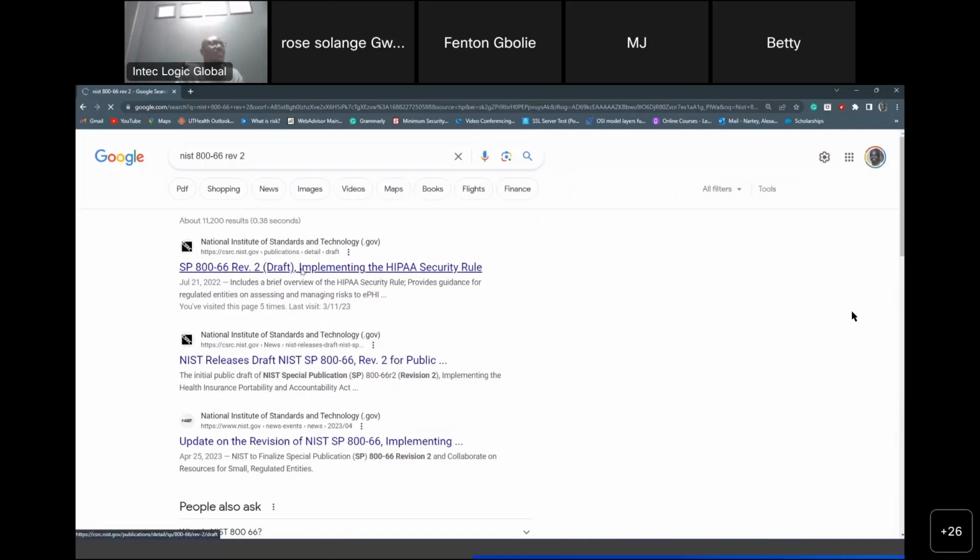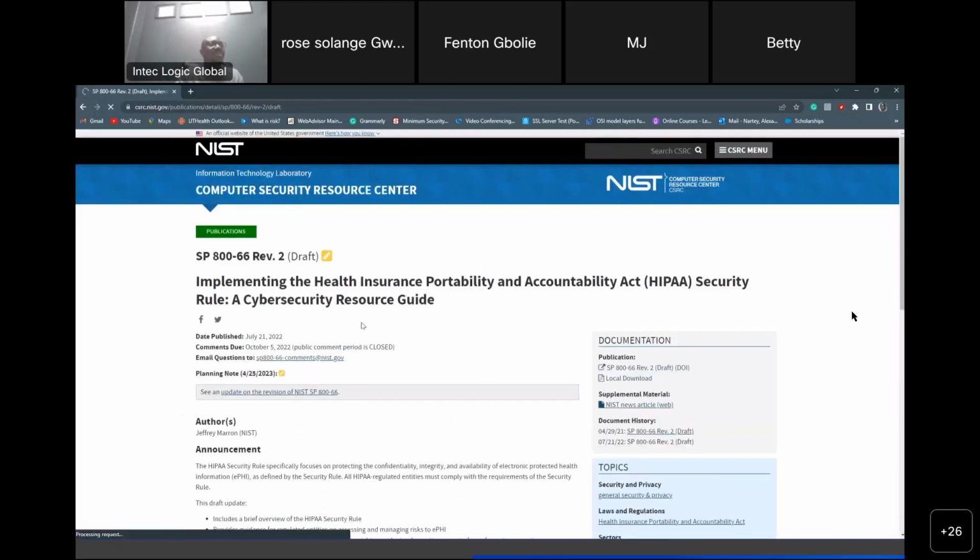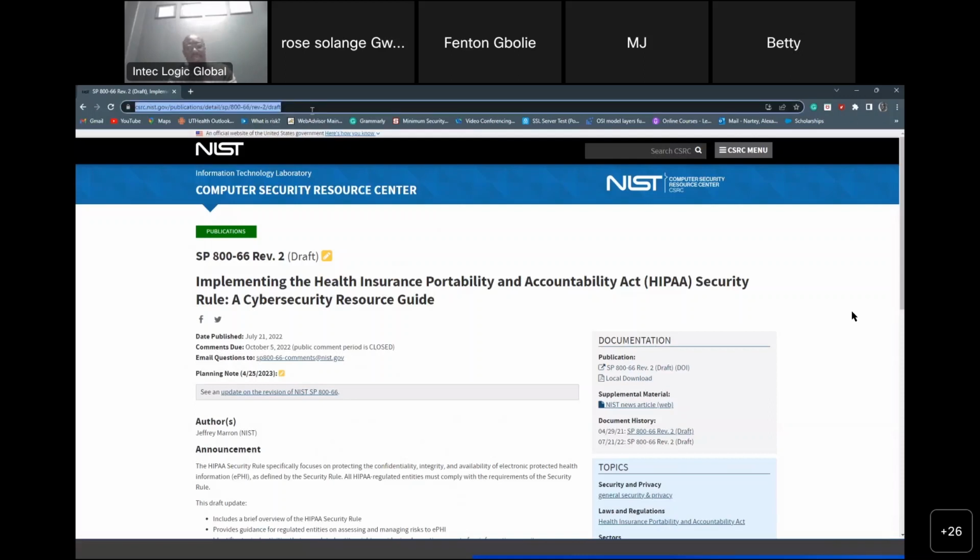So let's open that. It's called Implementing the Health Insurance Portability and Accountability Act Security Rule: A Cybersecurity Resource Guide. Let me put it in the chat. It's a very good document.